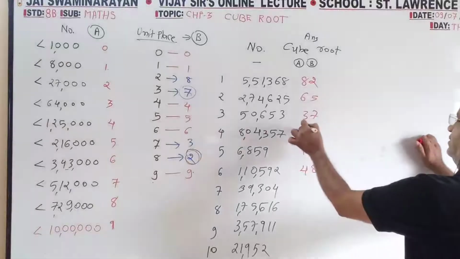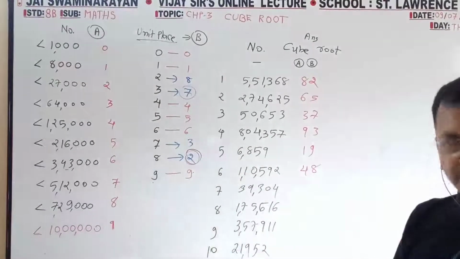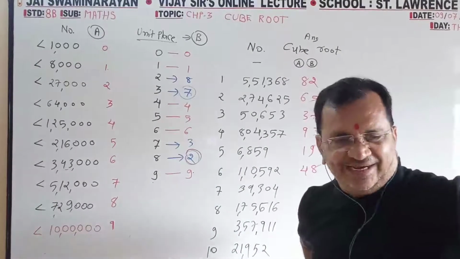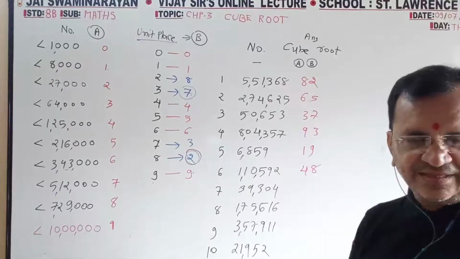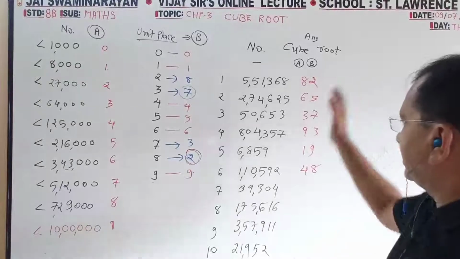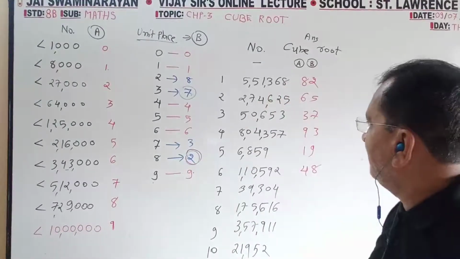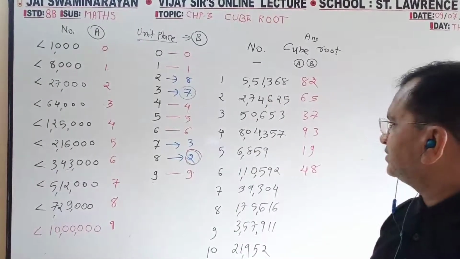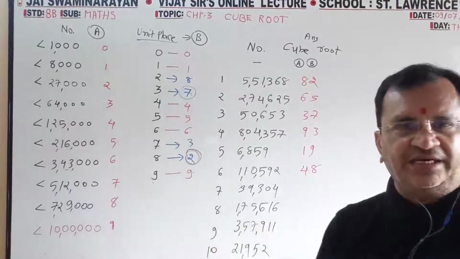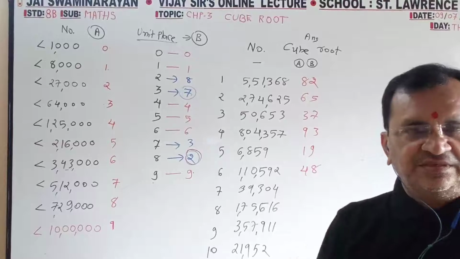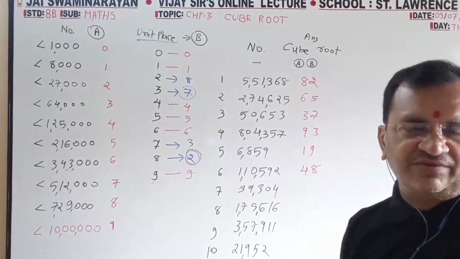Very good. Correct. What is your name? Abhinay. Very good. 37. Correct. What is your name? Vaishnavi. Correct. Now last 4 remain only. Tell me fast. Your next lecture, teachers are waiting.